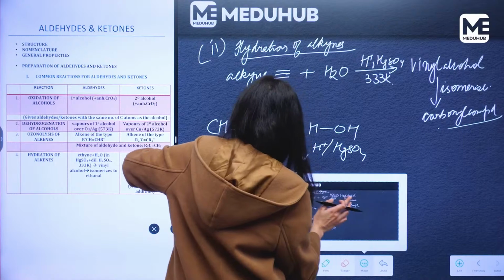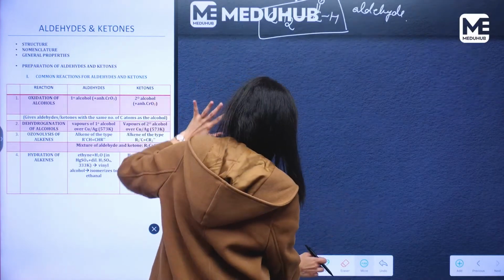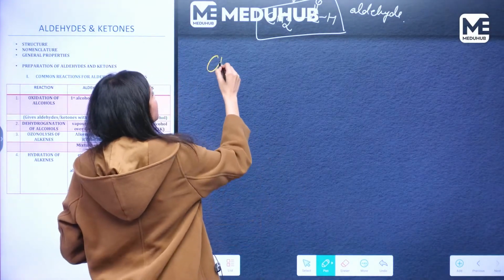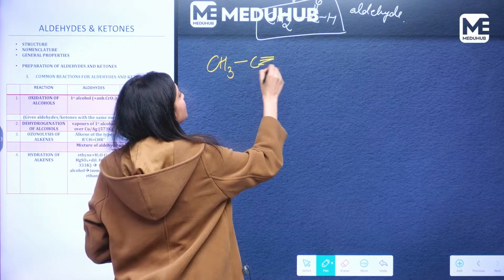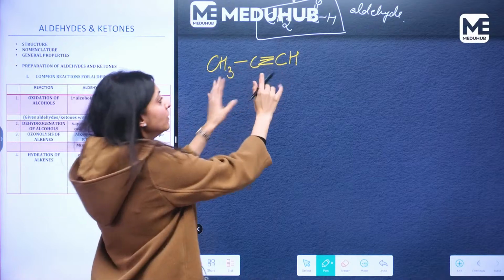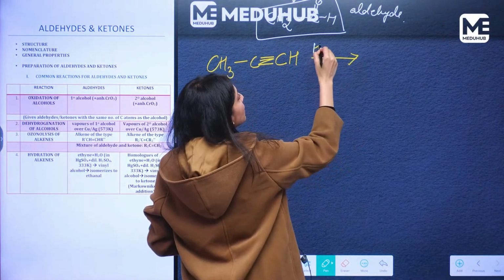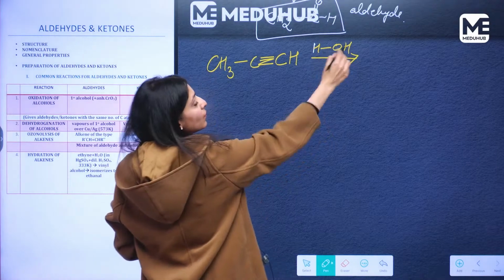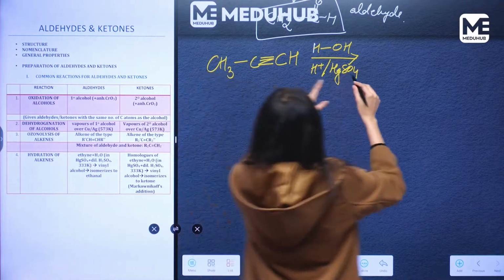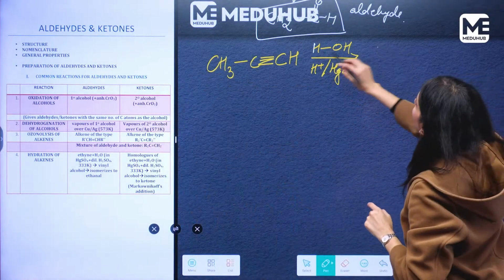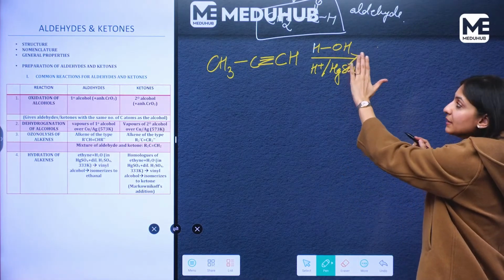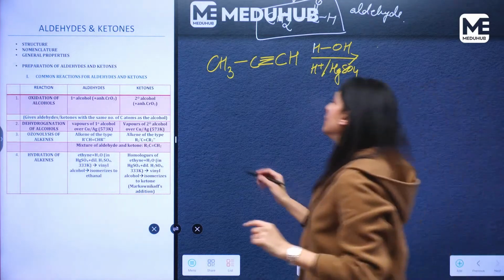Let us see how. We have CH3C triple bond CH, a propyne molecule. When it adds on a molecule of water, HOH, in the presence of acid and mercuric sulfate, what will happen here? Markovnikov's addition will take place. OH is the negative part of the addendum, H plus is the positive part.